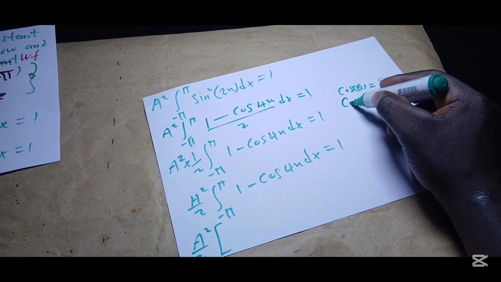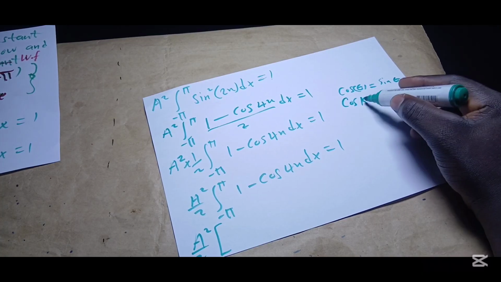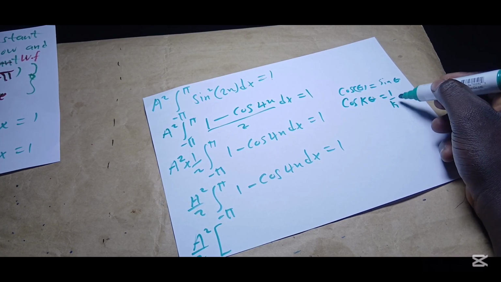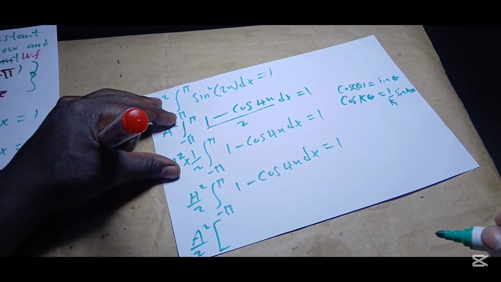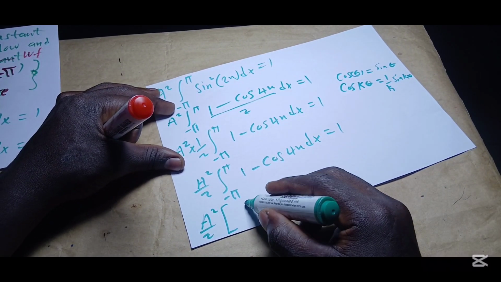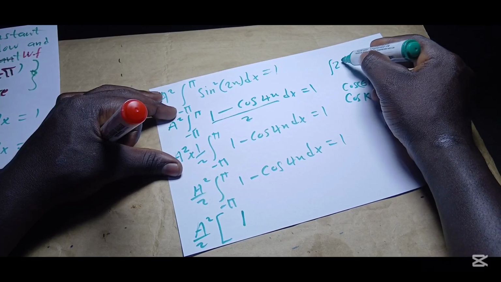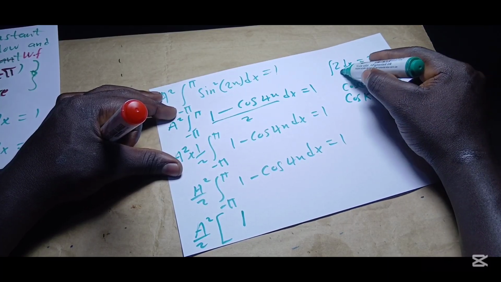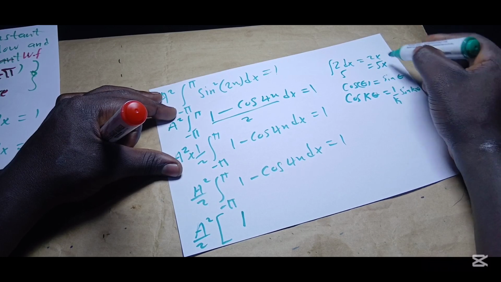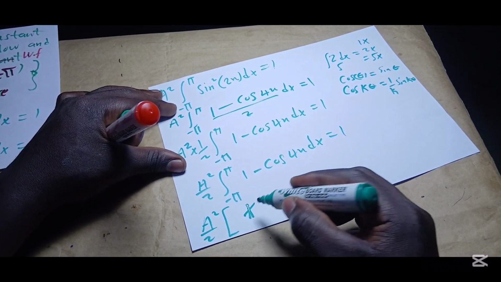But if I'm integrating cos k theta, it's going to give me 1 over k sine k theta. So we are going to apply that idea here. Integrating the constant 1 with respect to x is going to give me 1x, which is the same as x. So this place becomes x.